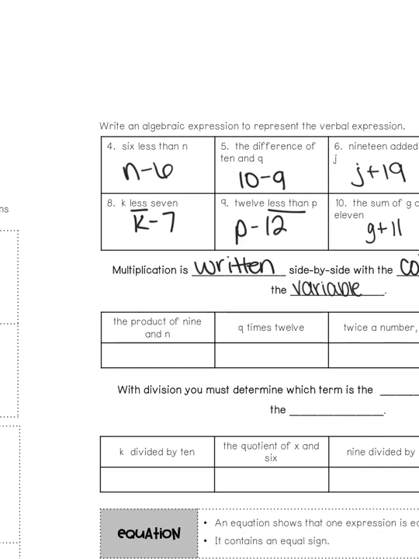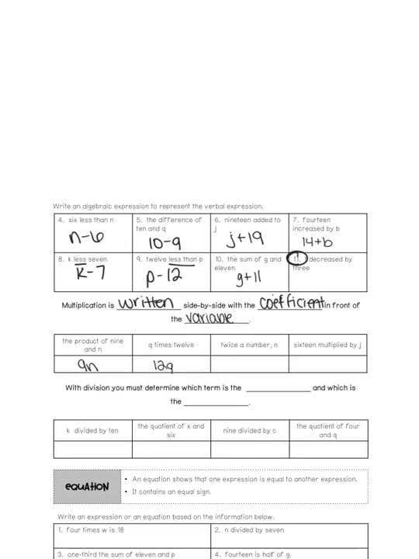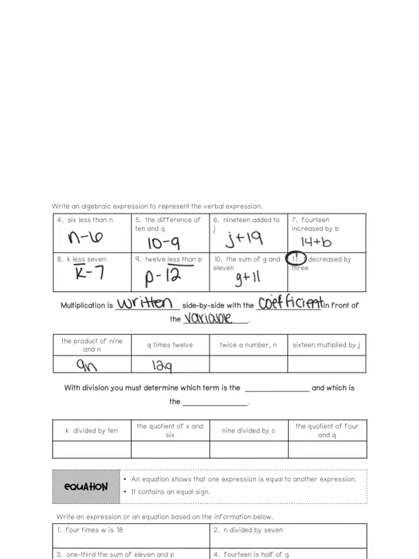The product of 9 and n would be just 9n. q times 12, sorry, that's a q, would be 12q. Twice a number, n is 2 times n. Okay, you will do that one on your own in the Google form. All right, with division, you have to determine which number is the divisor and which is the dividend. Order matters, just like with subtraction.